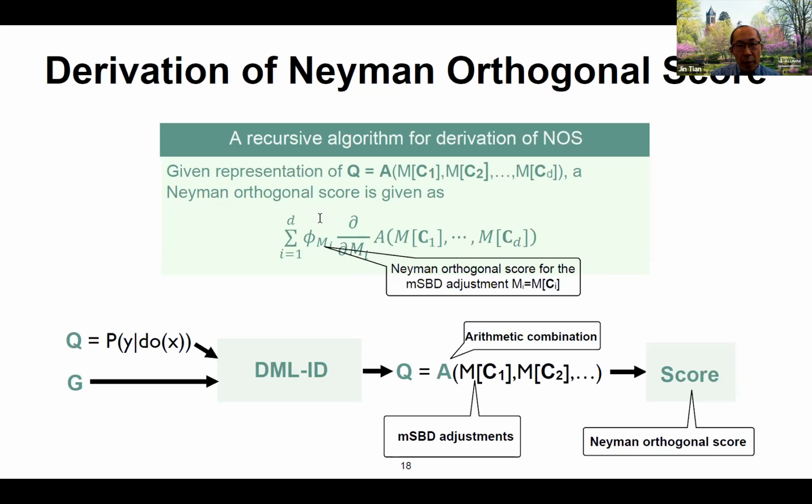Based on this property, we are able to develop a recursive algorithm. Given this expression, the recursive algorithm will derive a score. So in summary, at this point, we have an algorithm: given the target query and the causal graph, our algorithm will systematically derive a Neyman orthogonal score.